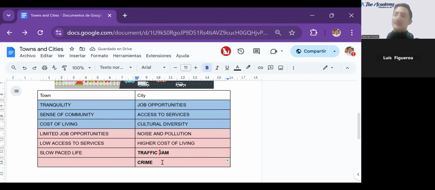That is a disadvantage because in the city, there are many robbers, many crime, sicarios, many killers. Those are the disadvantages of living in the city. Yes, Luis, so easy or difficult? More or less.